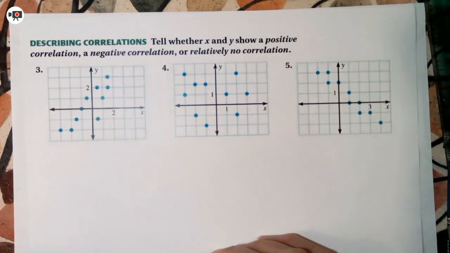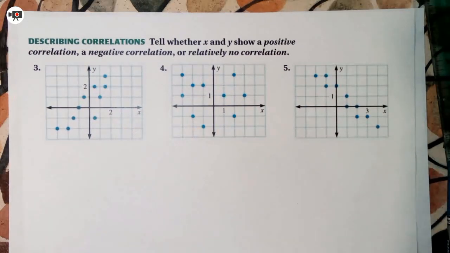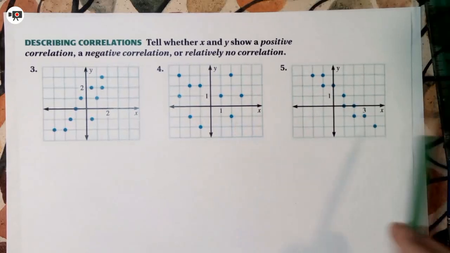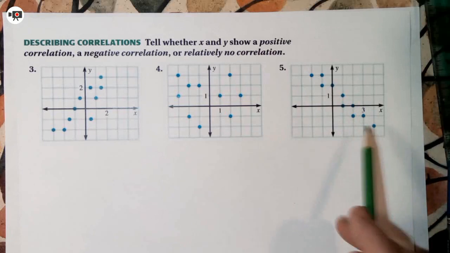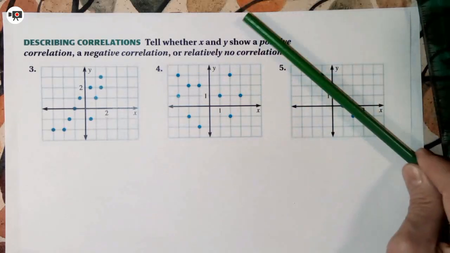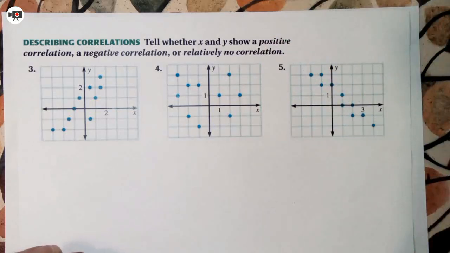None of those lines that I'm putting with my pencil are the best. So I'm going to say it's relatively no correlation. This one looks pretty tight. This is the clearest one here to me. I would call this a negative correlation, and I'd put the line down the middle like that. Okay. So a lot of this is your discretion. You're working with it, and you're trying to figure it out.